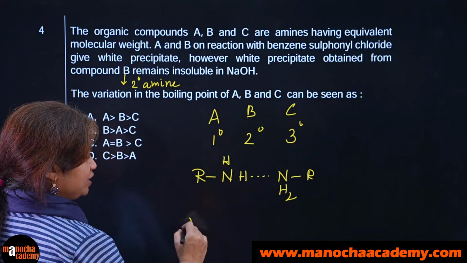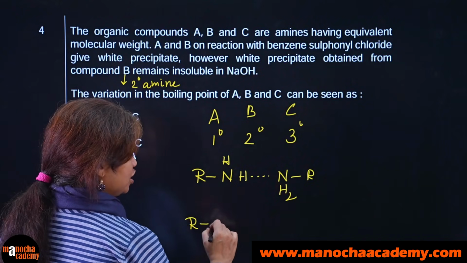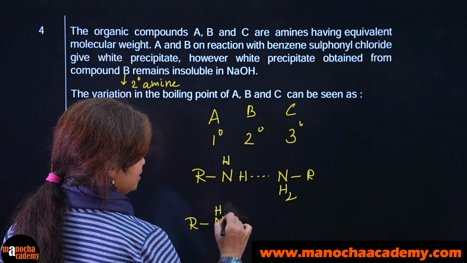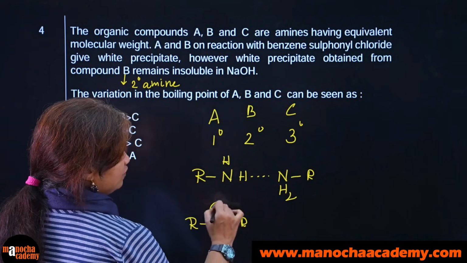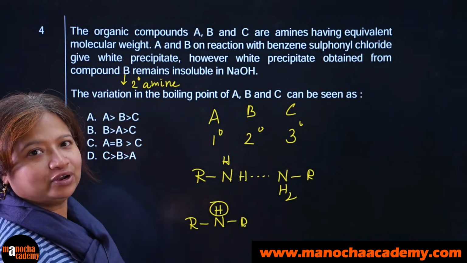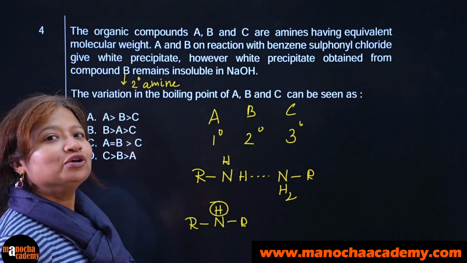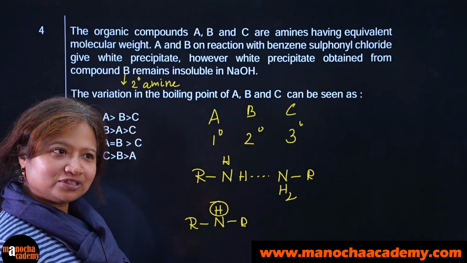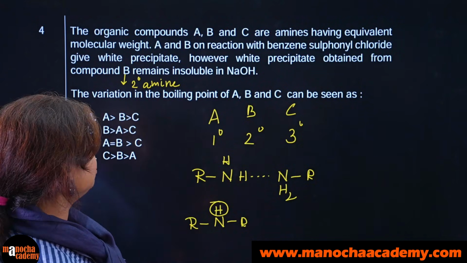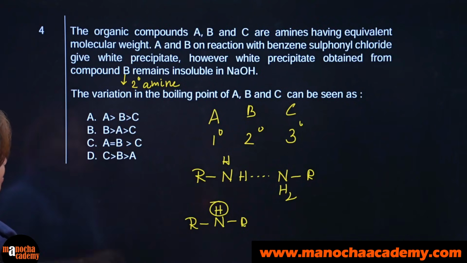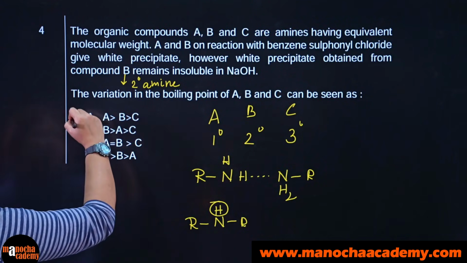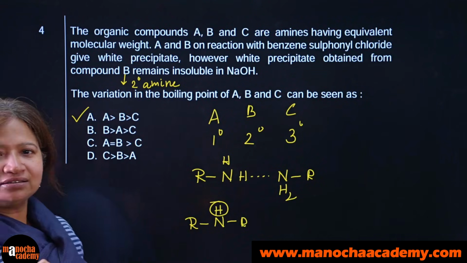For the secondary amine, it is not only more branched, but it also has one H available for intermolecular hydrogen bonding. For tertiary amine, no hydrogen bonding is possible. So quite obviously A should have the maximum boiling point, then B, then C. So in this case option A is the correct answer.